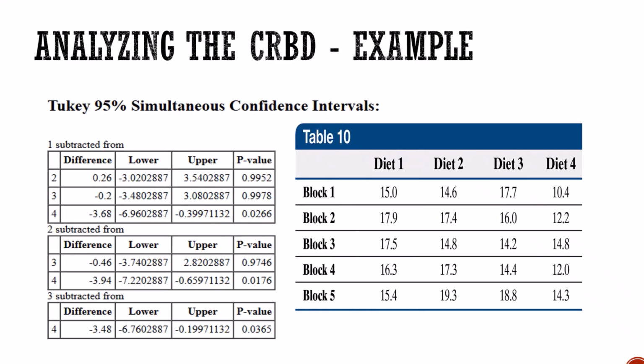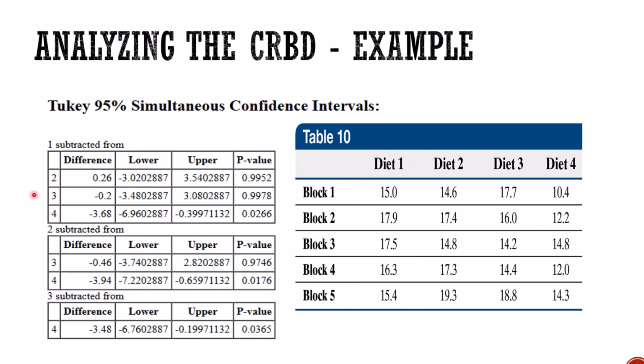So with the help of technology, we generated three tables here. The Tukey 95% simultaneous confidence intervals. This is the table with our data, just to keep it in perspective. But the tables that were generated by technology are the tables representing the confidence intervals. So diet 1 subtracted from diet 2.